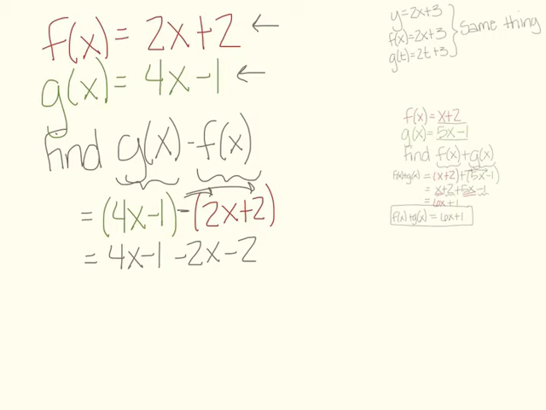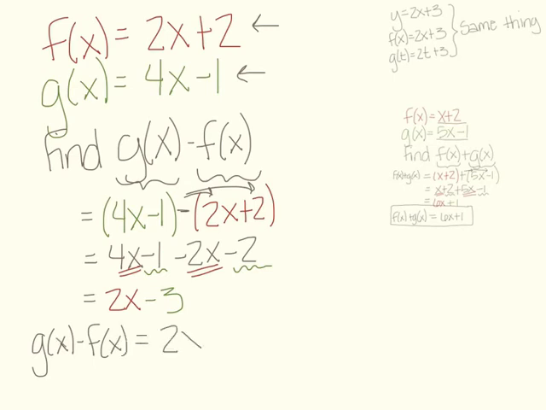Now let's combine like terms. We have 4x minus 2x, which is 2x. We have a negative 1 minus 2, which is a negative 3. So what we know is that g of x minus f of x equals 2x minus 3.